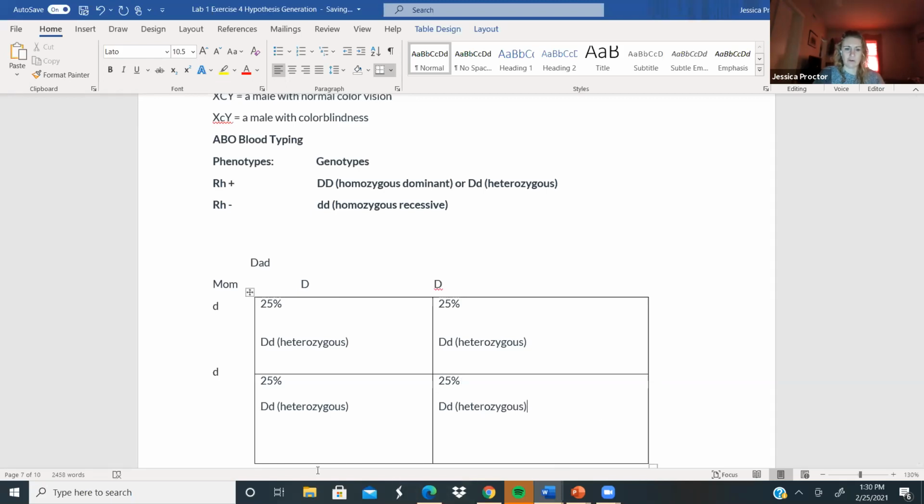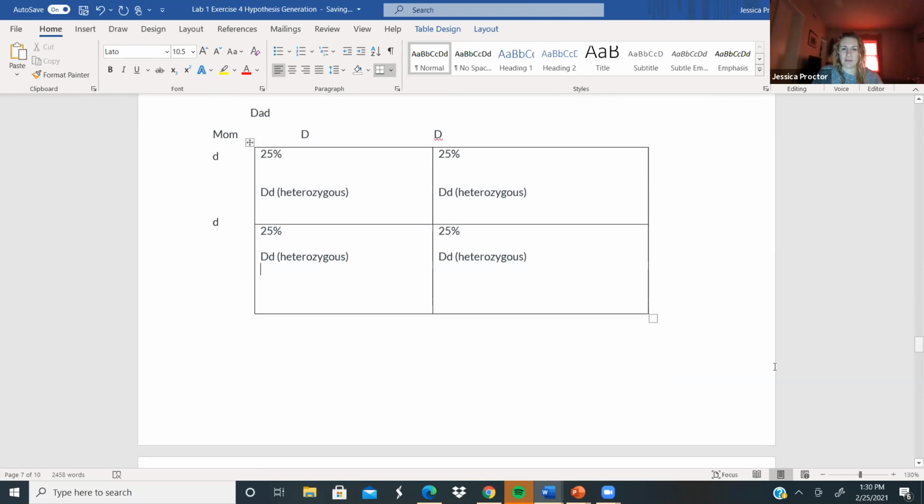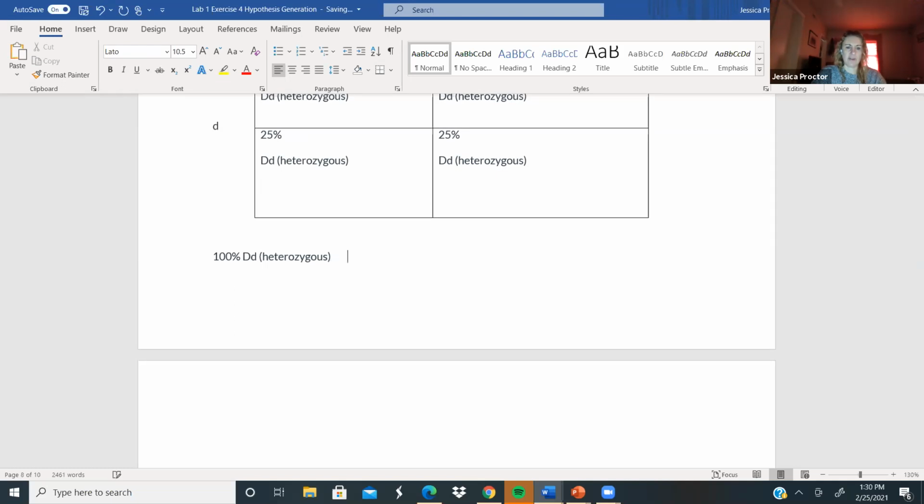So in this particular circumstance, these 2 parents, a homozygous dominant dad having a child with a homozygous recessive mother, that means 100% of their offspring are going to be heterozygous as the genotype, and it also means that 100% of their offspring will be Rh positive.